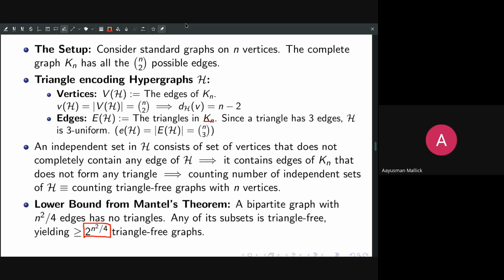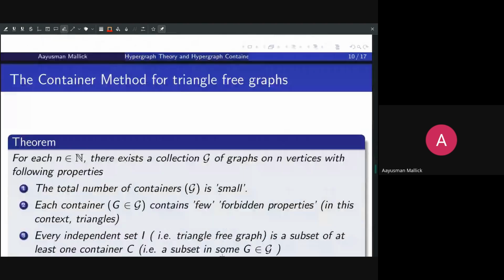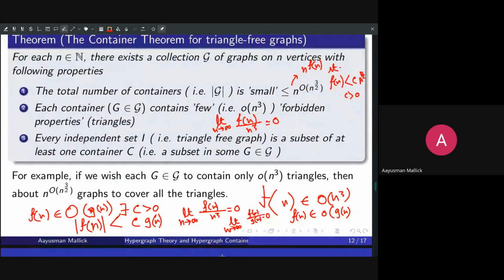Mantel's theorem gives the optimal bound for this triangle-free condition. The optimal bound for the triangle-free condition can be found when we consider the total number of containers to be within n to the power of big O of n^(3/2), and then we can find the independent set I on the basis of that.